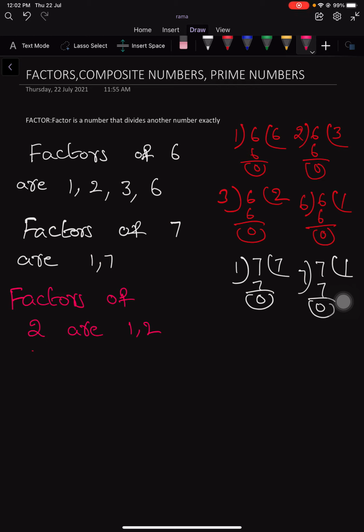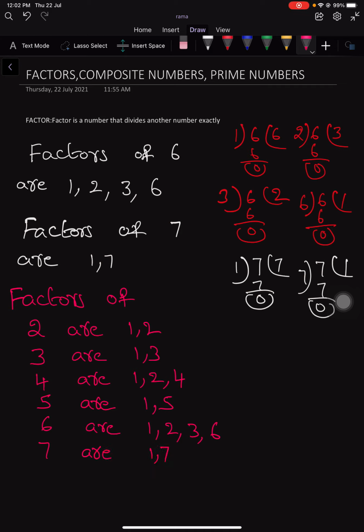Next, 3: 1, 3. 4: 1, 2, 4. 5: 1, 5. 6 we wrote, and 7. Of course, we can write here also 6: 1, 2, 3, 6. 7: 1, 7.